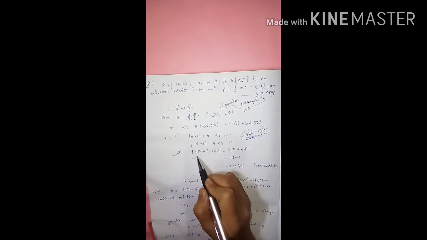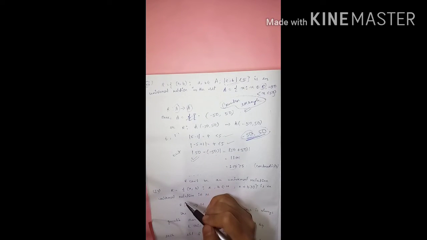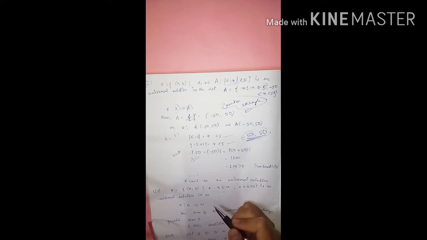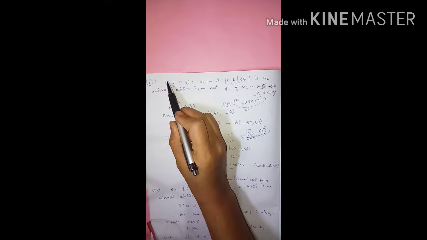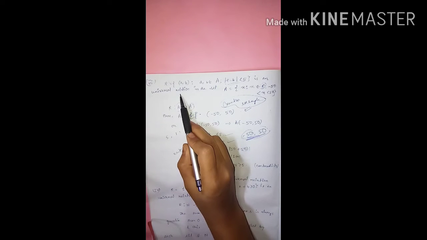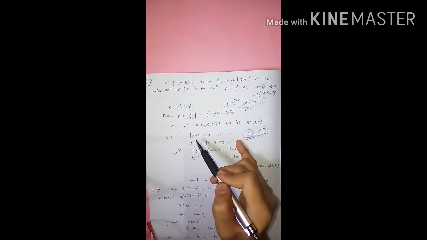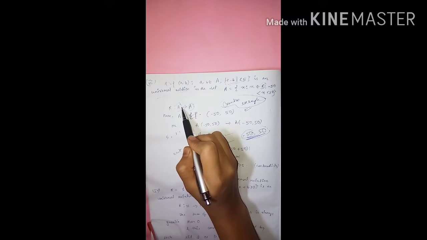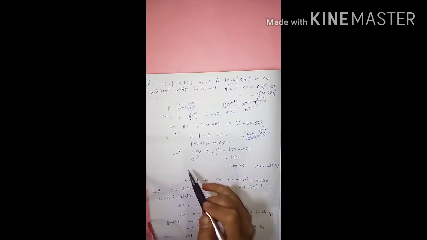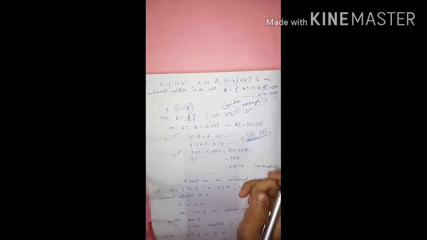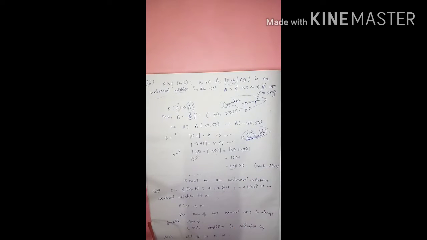So this is a counter example of this question, so it contradicts the fact. Therefore, R cannot be a universal relation, because in a universal relation, each element of this set relates to each element of A. But we have a counter example. So this cannot be a universal relation.